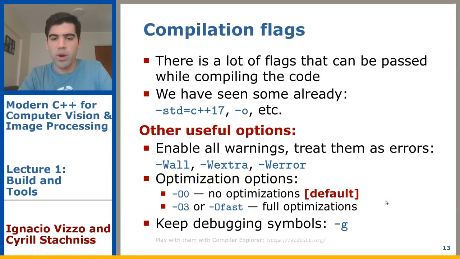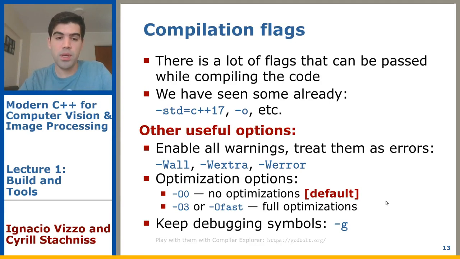And one of the options is the standard. As we already mentioned in the previous lecture, whenever you call clang++, you have a default standard, but you can use C++11, C++14, C++17, 20, 23, depending on which standard is supported by the compiler. In our case, C++17.